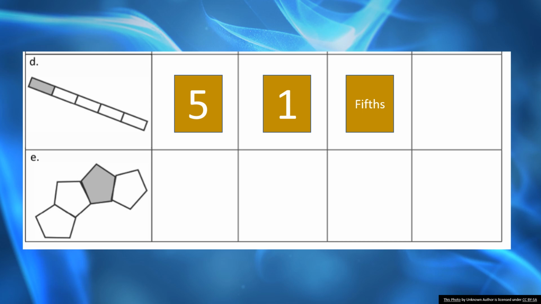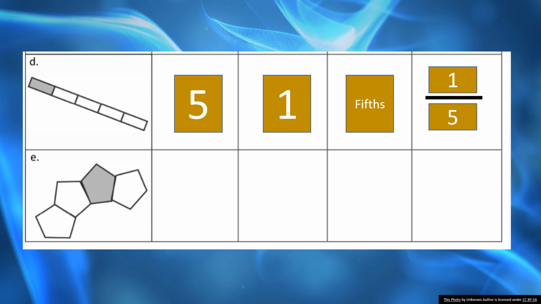Okay, so again, how many pieces are shaded? 1. 1 out of how many total pieces? 1 out of 5 total pieces. So we read that fraction as 1/5. Now, go ahead and pause your video to make sure that you have all of the correct information written down for the model in letter D.